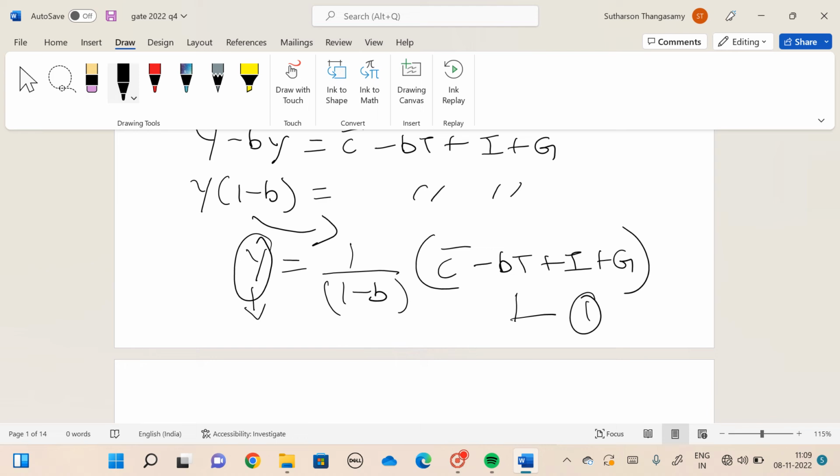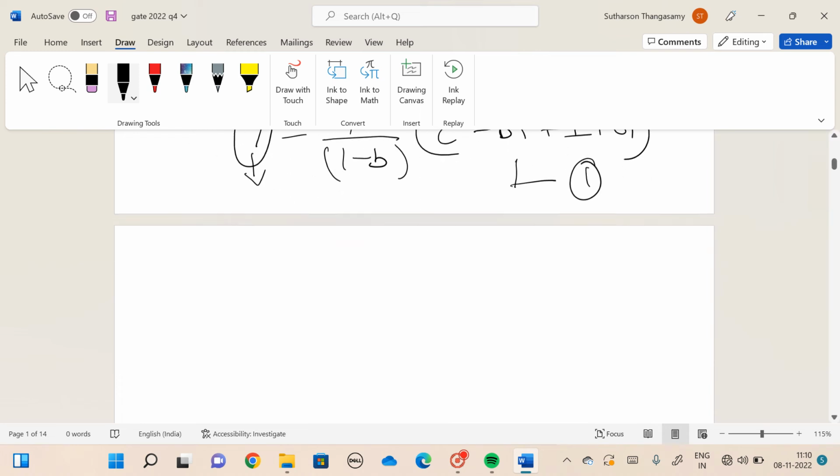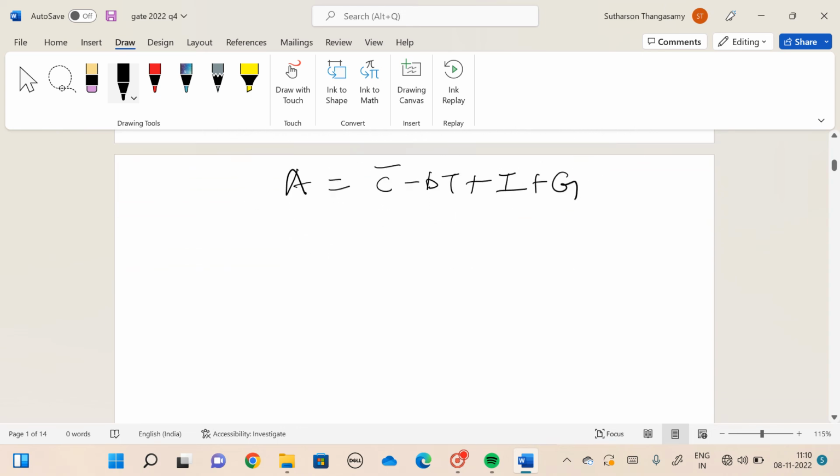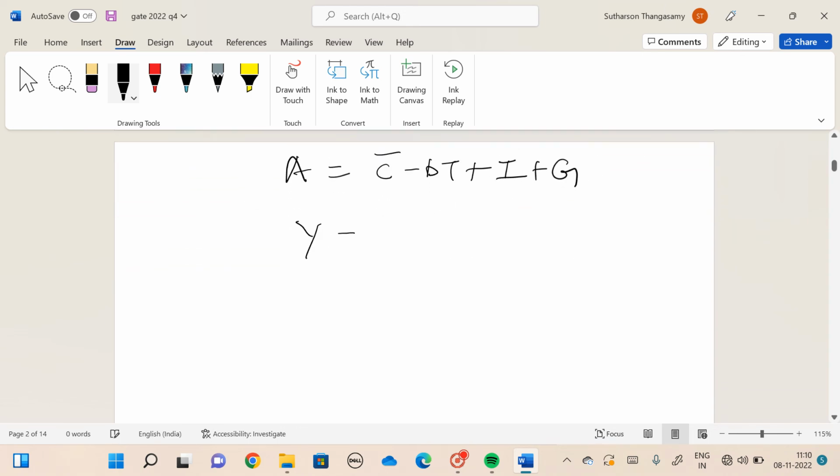I is determined by the rate of interest, and C bar is the consumption which the consumer consumes at zero level of income. So there is no income involved in that consumption. So these are known as autonomous variables. I'm going to name C bar minus bT plus I plus G as A. A means autonomous variables. So now the equation will be Y equals A by (1 minus b).